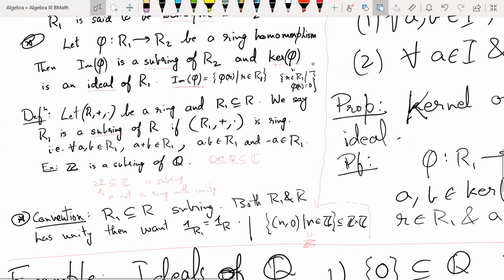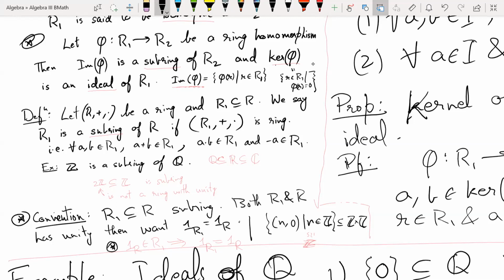What you are saying is that if 1 of R belongs to R1, then 1 of R1 can't be different, and 1 of R1 has to be 1 of R. Yes, this is precisely true.